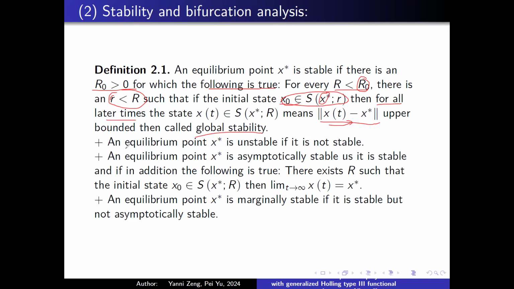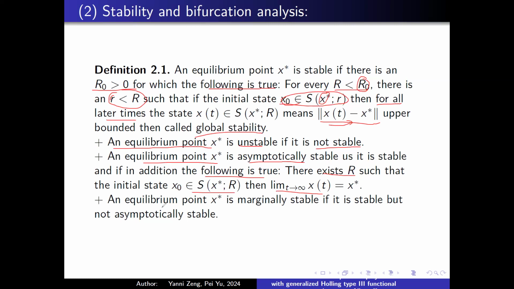In detail, an equilibrium point S star is unstable if not stable. And an equilibrium point S is asymptotically stable if the following conditions are true. There is a value R to certify this, and the limit will apply to the first one.